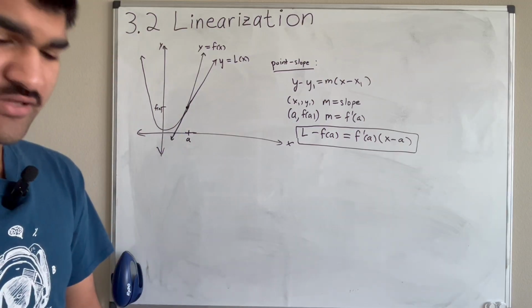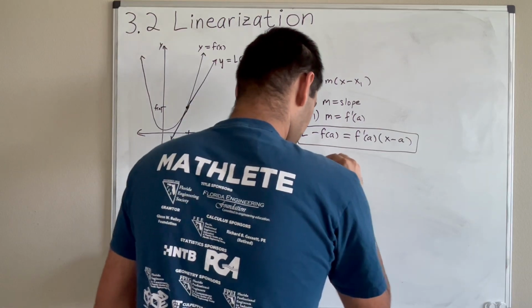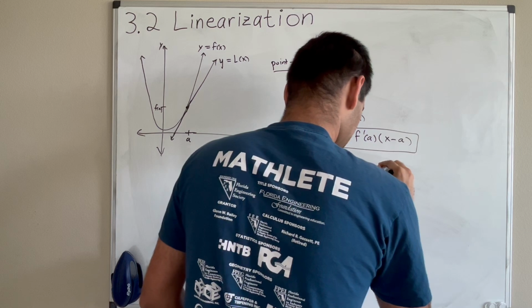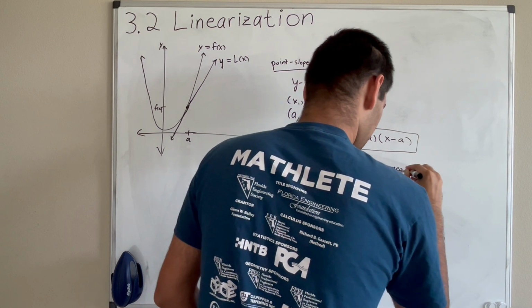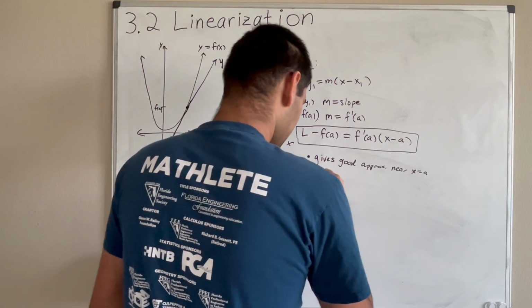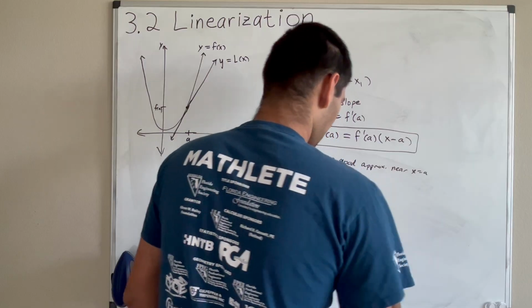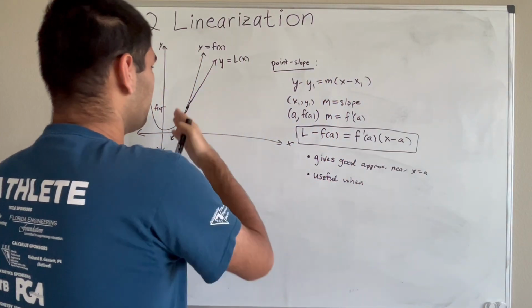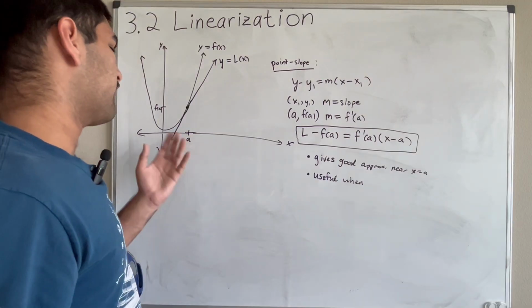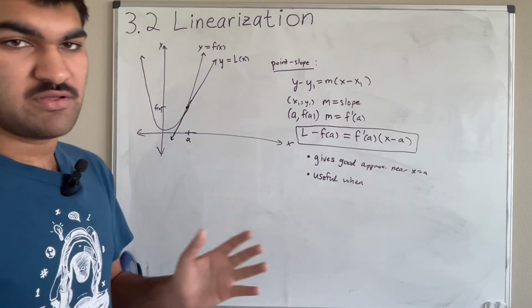And so that's useful in many applications, right? Basically, this gives good estimates, good approximations near x equals a. And it's most useful when, let's just say, we don't know the exact equation of the function, but we know information about the function at some point x equals a, and you want to find estimates around a.